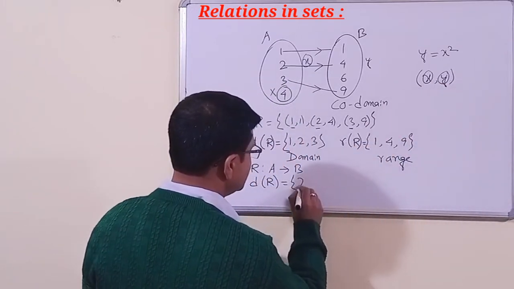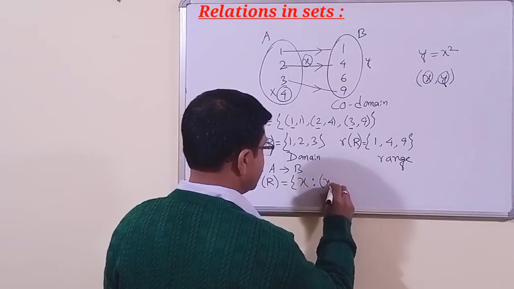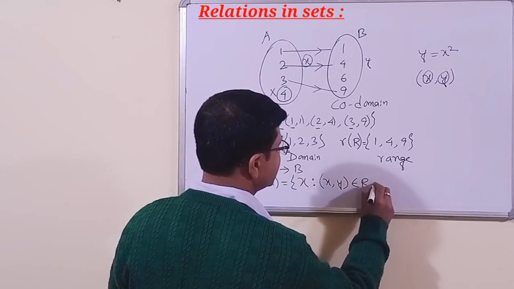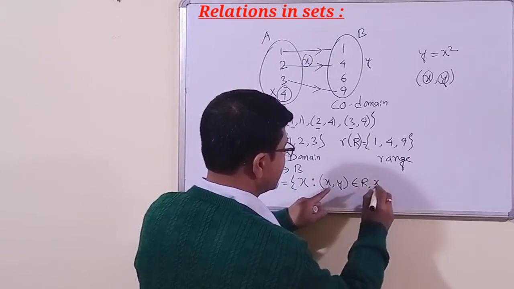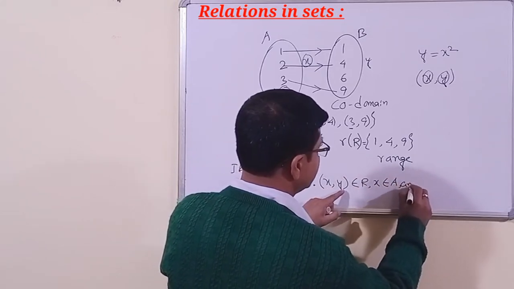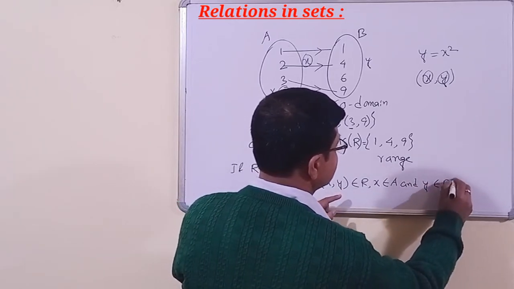The domain we write as x such that (x, y) belongs to R, and this first element belongs to set A, and the second element belongs to set B.